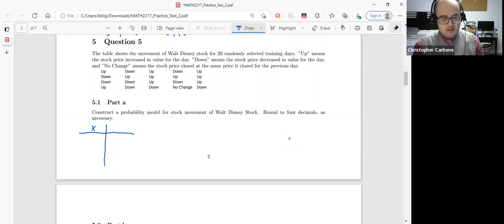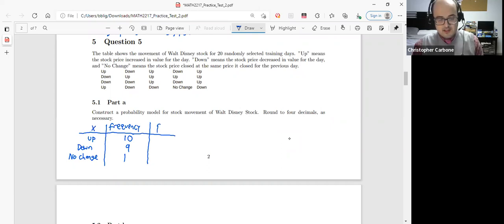The values we have are that the stock went up, went down, or there was no change. For the frequency, if you count up all the ups in this table, that gives you a value of 10. If you count all the downs, that's 9, and there's 1 with no change.